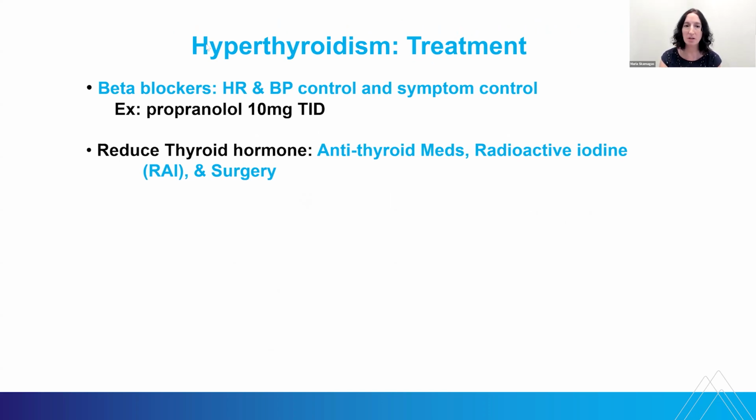We can use any beta blocker, propranolol, metoprolol, and then in situations where you have Graves' disease or toxic nodules, we're going to have to give either anti-thyroid meds or radioactive iodine, or if needed, surgery to treat them.